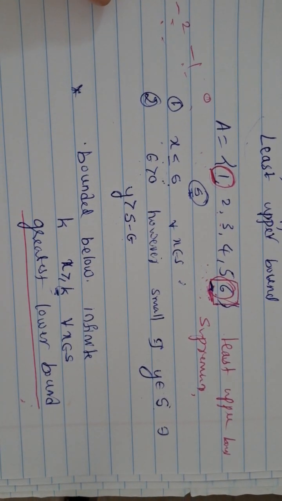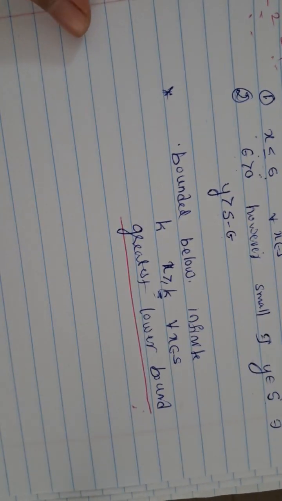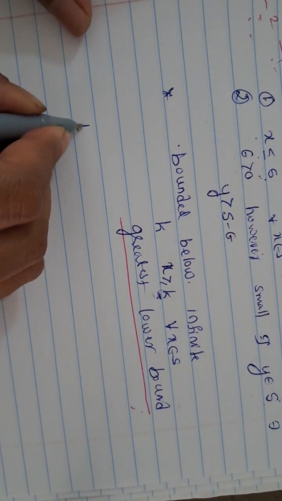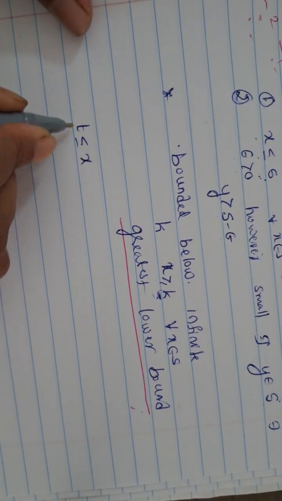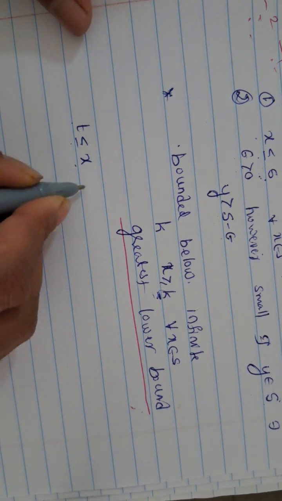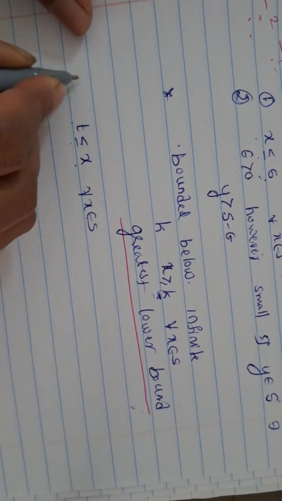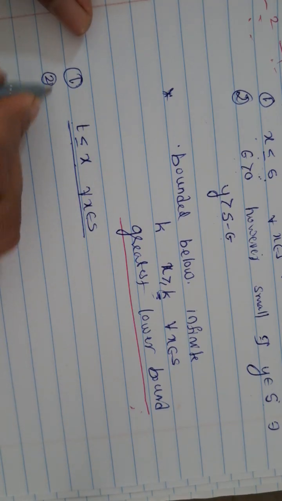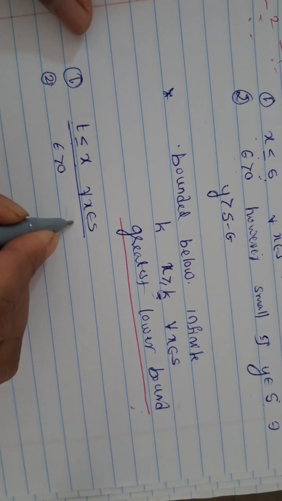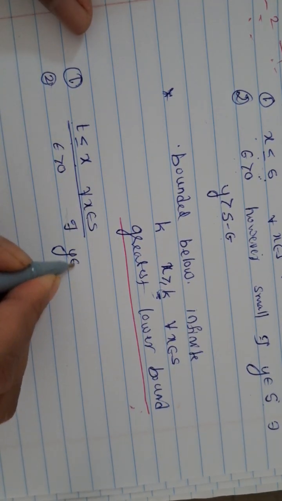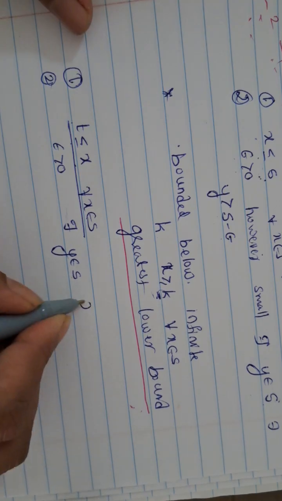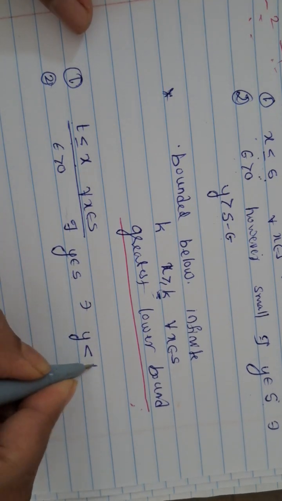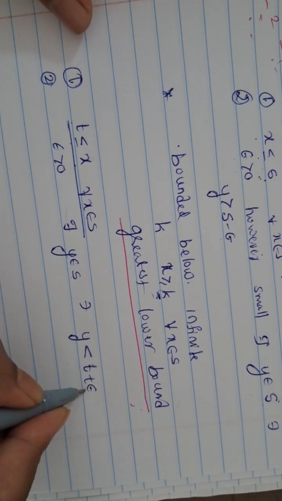So here also, for an infimum, if T is an infimum, then first it should be a lower bound. That is, T should be less than or equal to each element. This is true for every X belonging to S. That is the first property, that it needs to be a lower bound first. Then for a given epsilon greater than 0, however small, there exists Y from the given set such that Y is less than T plus epsilon.